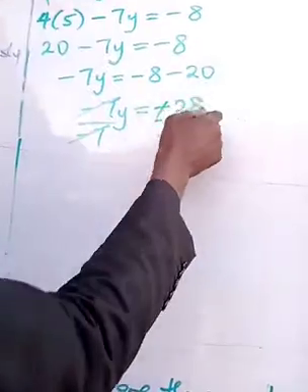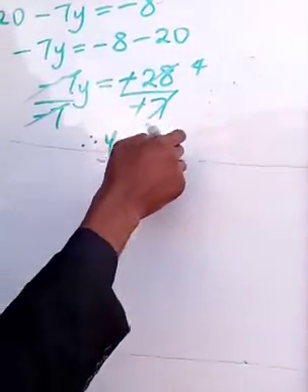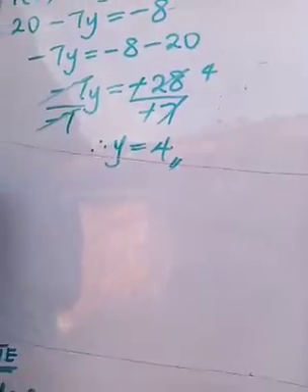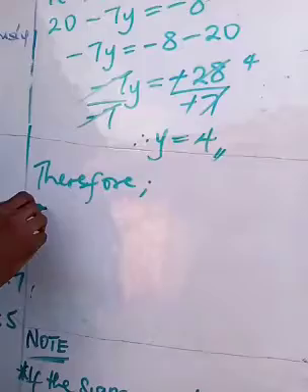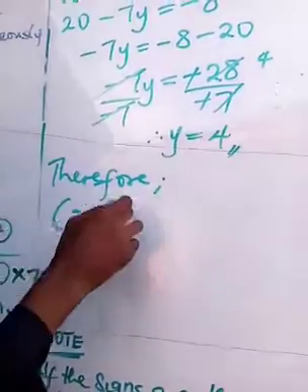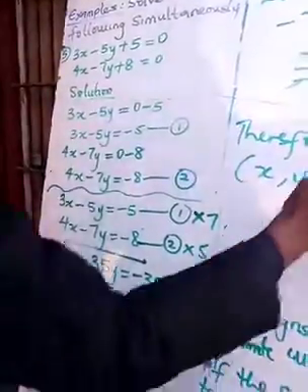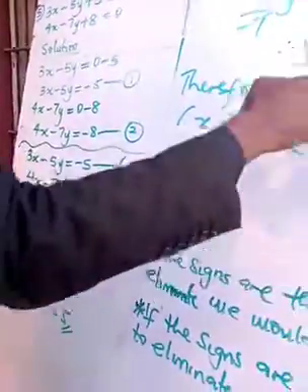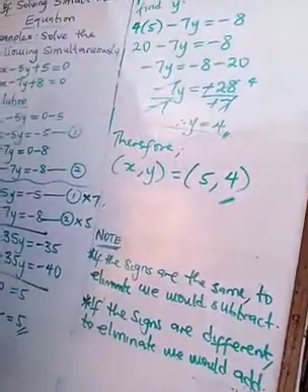This cancels this. 7 in 28, that's 4. So y equals 4. Therefore, in coordinate form, when x is 5, y is 4. So that's that.